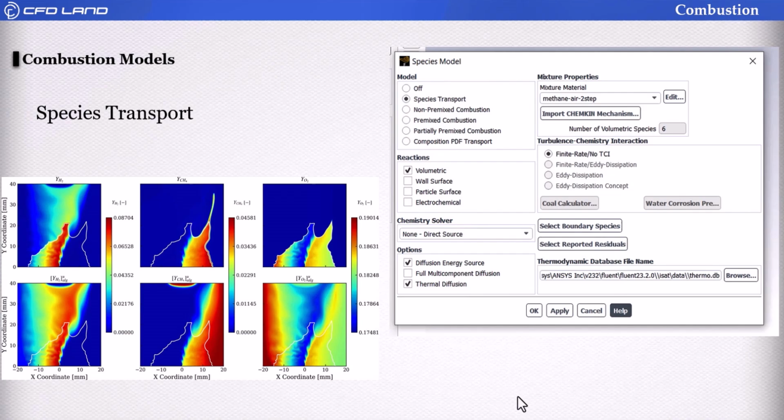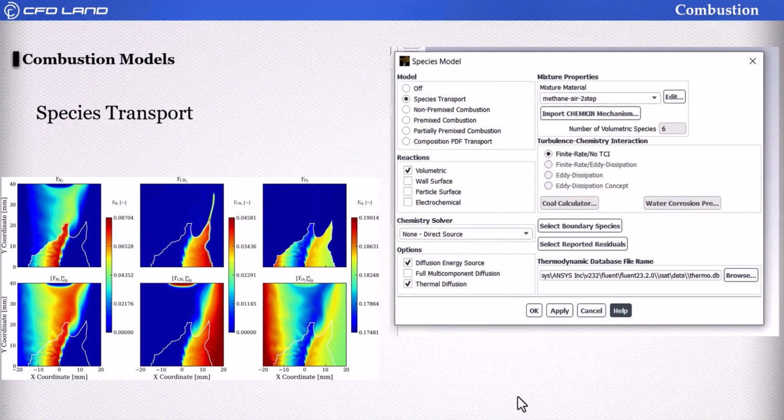Users can define any chemical mechanisms, couple it with turbulence models, and integrate effects such as radiation, evaporation, or heat release. It's also computationally efficient compared to detailed chemistry or flamelet models when used with global reaction mechanisms.